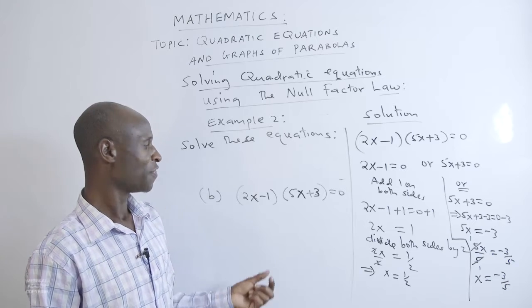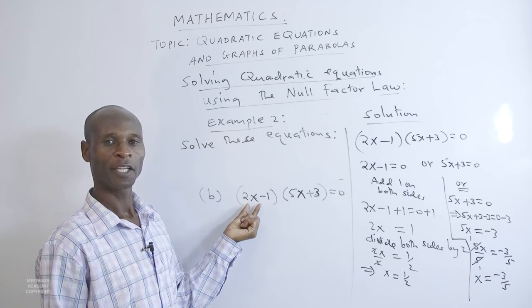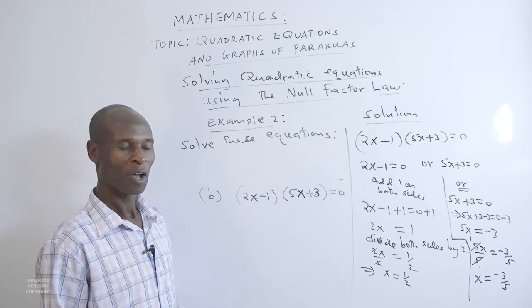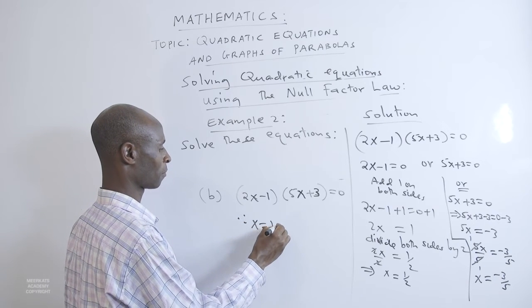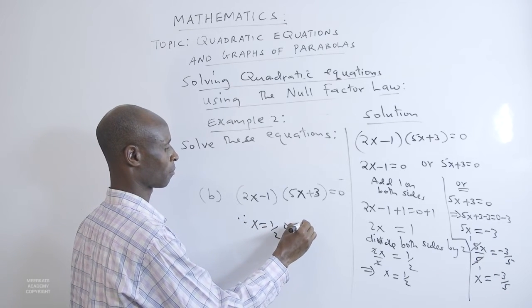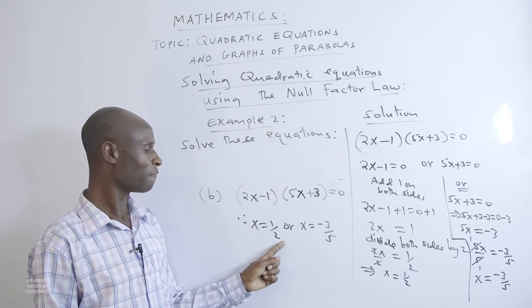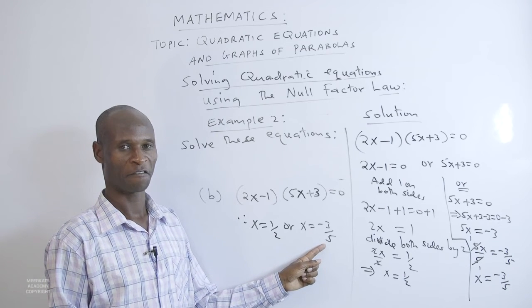And therefore, the solution to this linear factors, 2x minus 1 into bracket 5x plus 3 is equal to 0, are x is equal to a half or x is equal to minus 3 over 5.